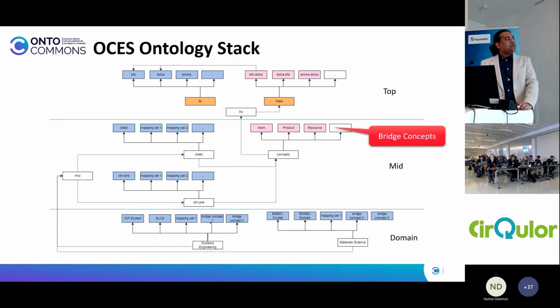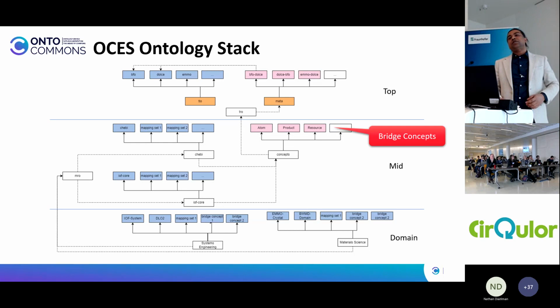And these bridge concepts glue together different ontologies at the mid-level and at the domain level, and try to unify the concepts under the top level or the higher level ontological concept. And also this way, you can create a kind of import stack for this ontology.